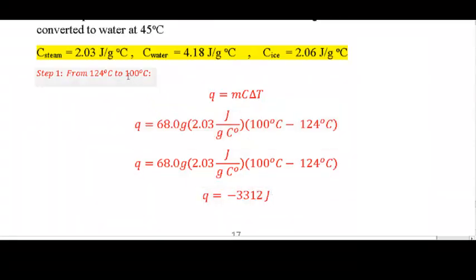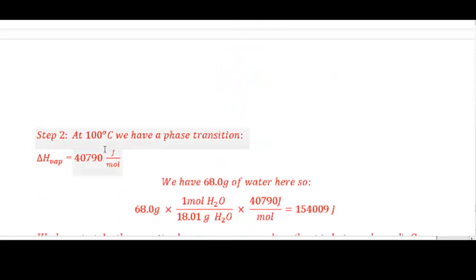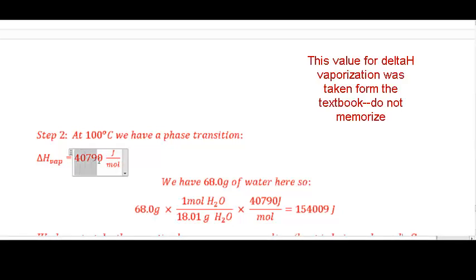And I stopped at 100 because at step 2, as I'm cooling, I have to overcome the phase change, all right? And the phase change here is going from water that's vapor to water that's liquid. So at 100 degrees, I overcome the phase change, and that is 40,790 joules per mole.